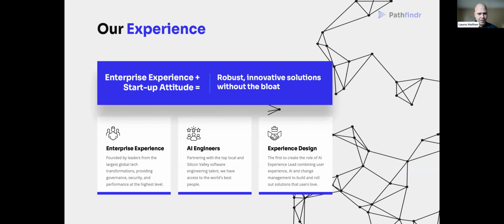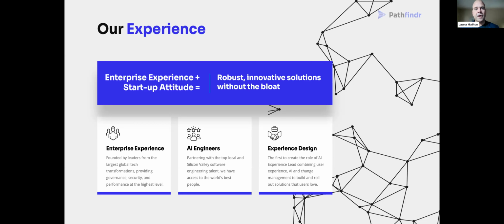Just quickly, a little bit about Pathfinder. We're ex-big consulting firms, and we started this startup very recently, at the beginning of this year, and it's been incredibly busy. We saw that there was a huge need in the market to combine big consulting experience, that robust rigor, with startup talent and talent globally, so you can get innovative solutions without all the bloat.